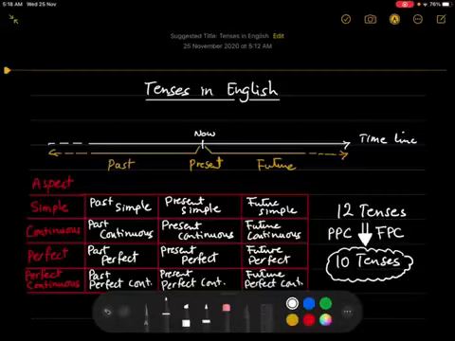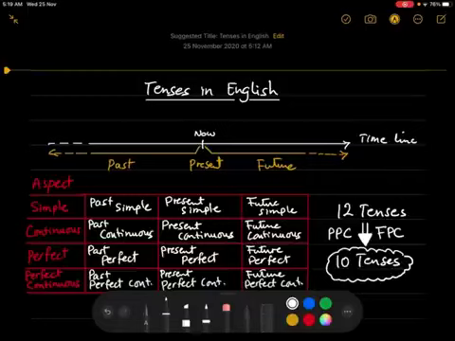For all Arabs or Arabic native speakers, it is not an easy task to master the tenses in English language because the system of tenses in Arabic is different.